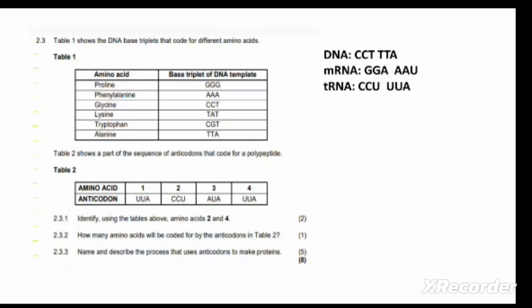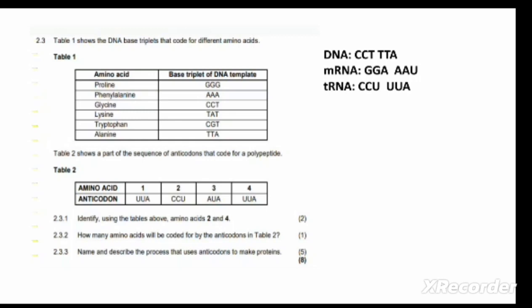You must look at anticodon 2, which is CCU, and anticodon 4, UUA, and find the corresponding base triplets of those nitrogenous bases, then look for them on the DNA table, and then look at their amino acids. As I always say, you write DNA, under DNA you write mRNA, under mRNA you write tRNA. You are given the nitrogenous bases CCU for tRNA, so you write CCU on the tRNA.